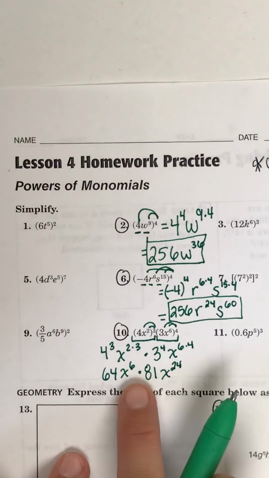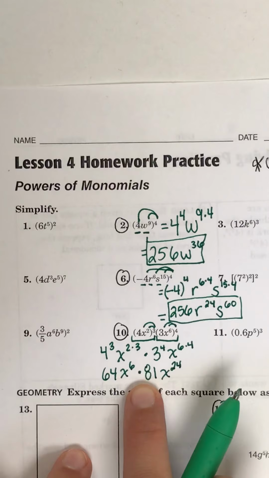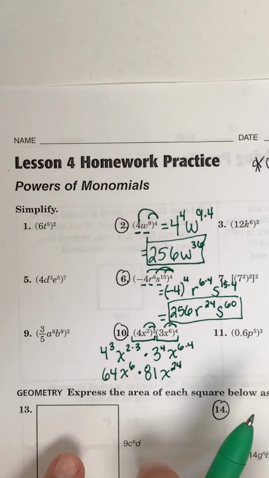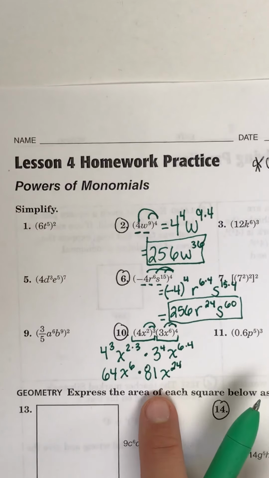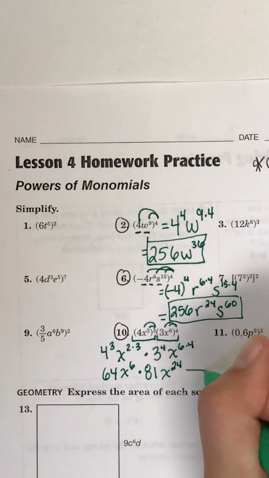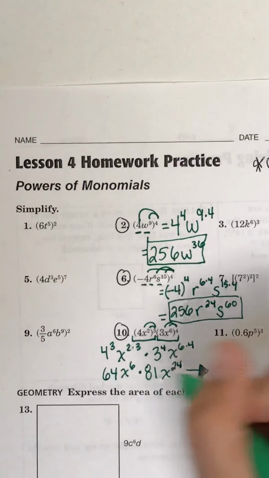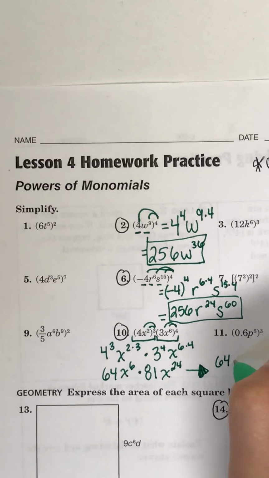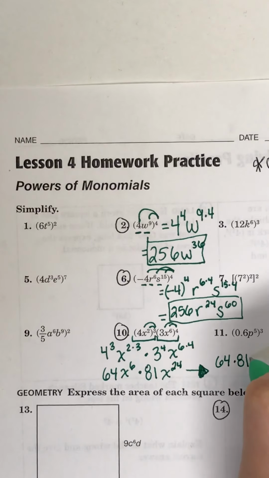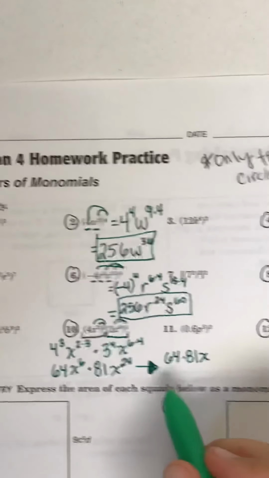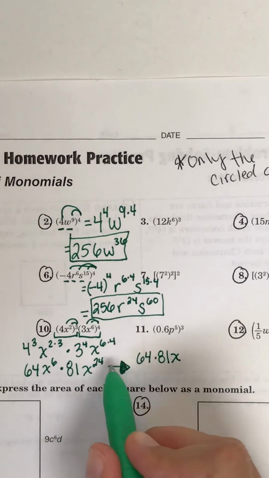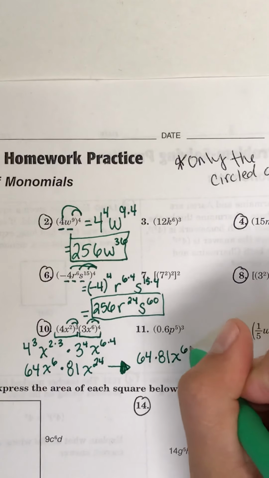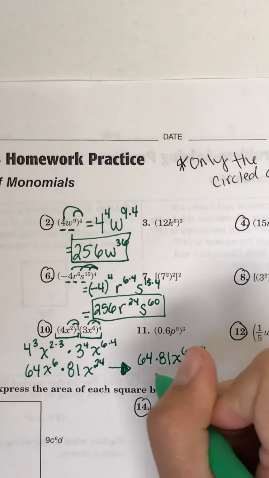Because what you're going to notice is now this becomes a multiplication problem, where I have to use my exponent rules for when I'm multiplying things with the same base. And when that's the case, my coefficients get multiplied together, and my exponents to my variable, they get added. So it's going to be 64 times 81, x to the 6 plus 24.